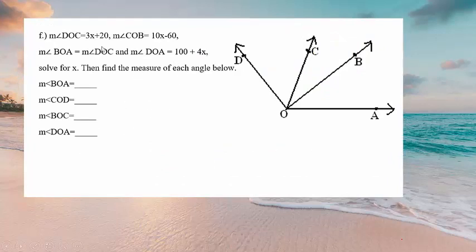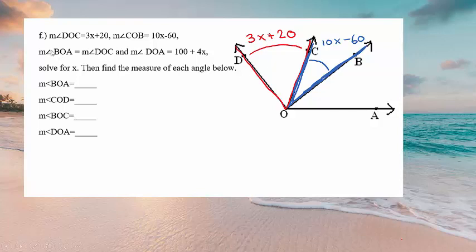Now we're going to make it even busier for you, and this is the last one. So we're going to find angle DOC, so that's this angle here, and we're going to put 3x plus 20 inside of it. Then we're going to find angle COB, and put 10x minus 60 inside of that angle.